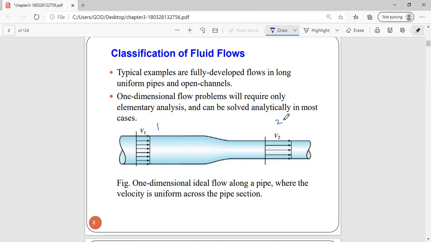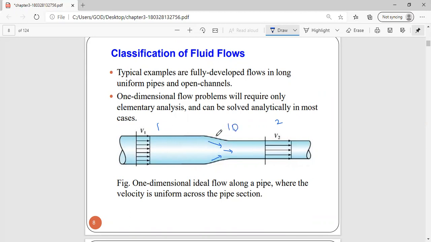Now we have to check whether this problem is a one-dimensional or two-dimensional problem. If your fluid is moving in this direction, there is no problem. Here you are just compressing, and your velocity and pressure are changing. But if you are writing an equation and it is moving in one direction, then it is a one-dimensional flow.